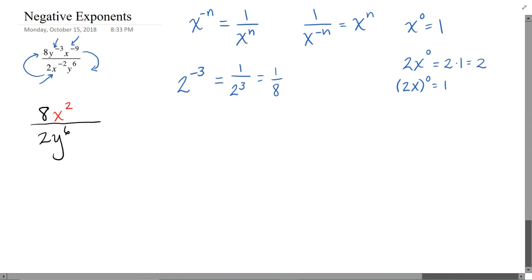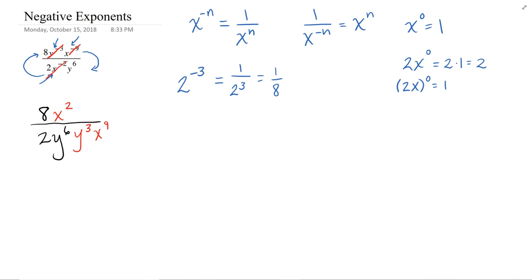So I've handled this piece here. Y to the negative 3 drops down to the denominator to become positive. That is y to the third in the denominator. X to the negative ninth drops down into the denominator, becoming x to the positive ninth. So I've handled all of the things that needed to be relocated, and I've handled all of the things that were stationary. And now I can simplify.